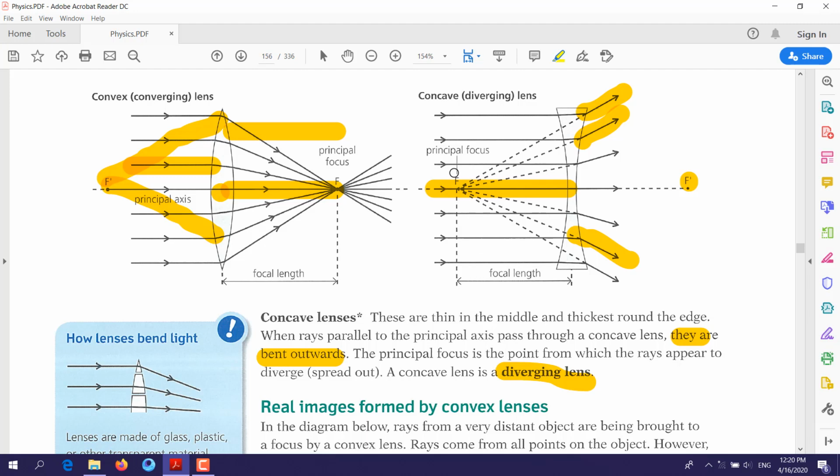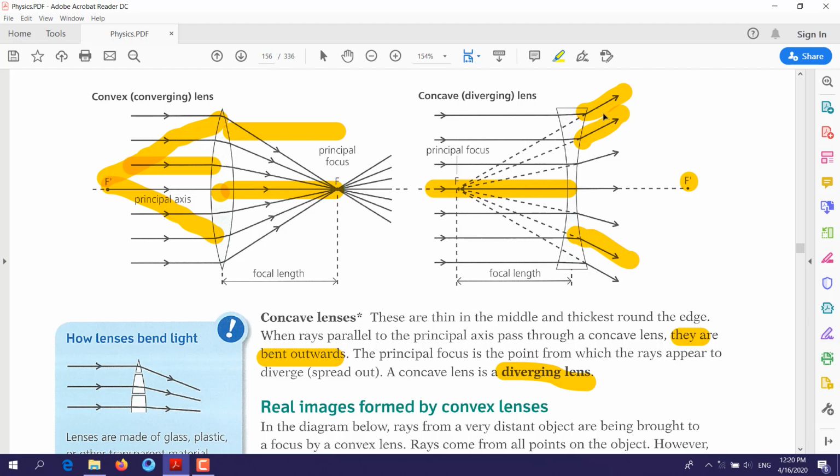For the principal focus of a concave lens, how can we determine it? Here, the rays are parallel to the principal axis. But once they pass through the lens, they start spreading out.